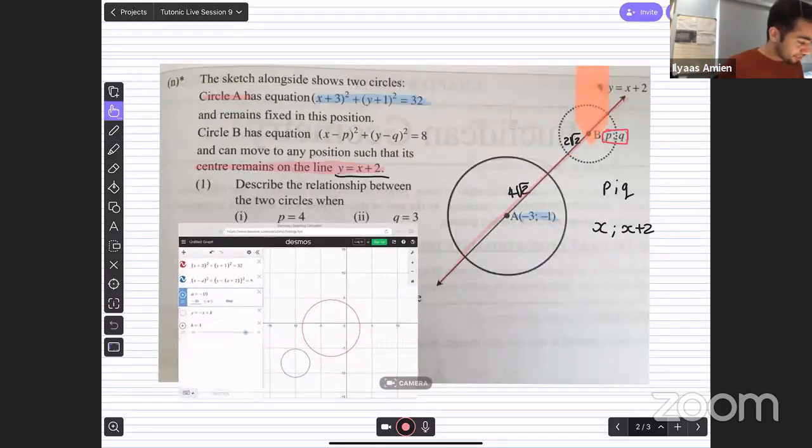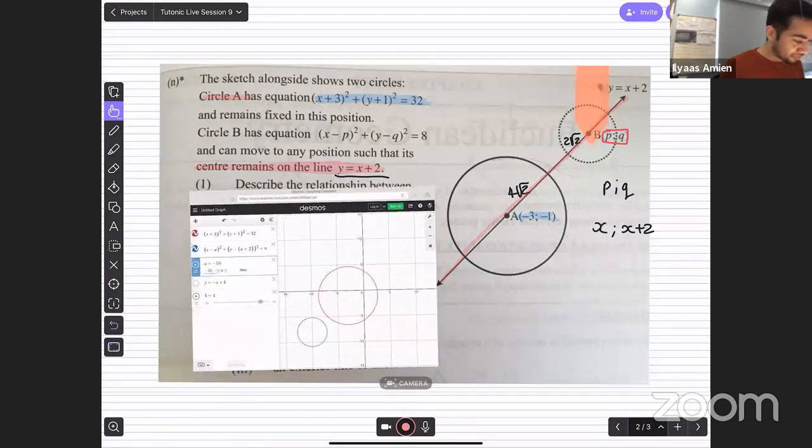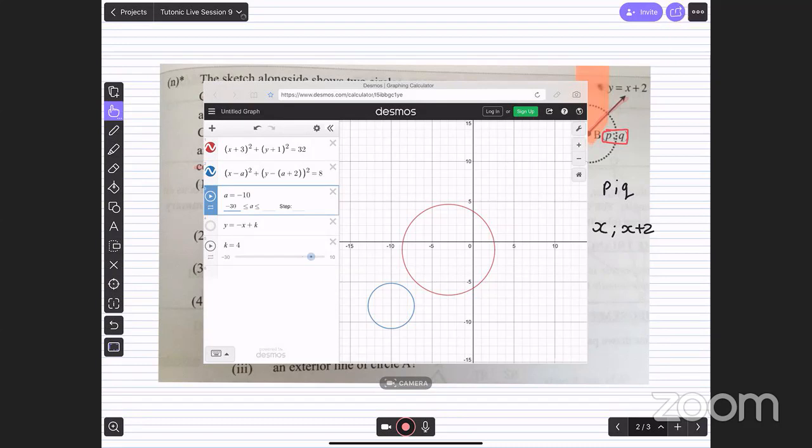Now it says, describe the relationship between the two circles when P is 4. What did you do here, Iman? Basically, they tell us that the center is P of the small circle.